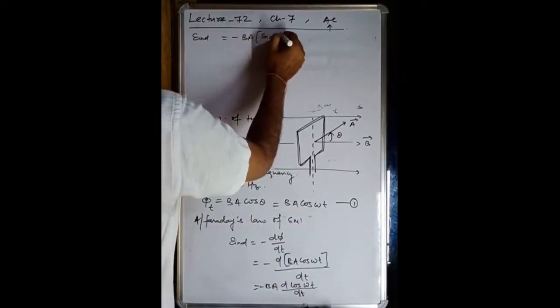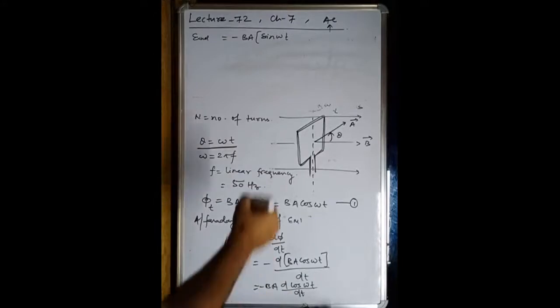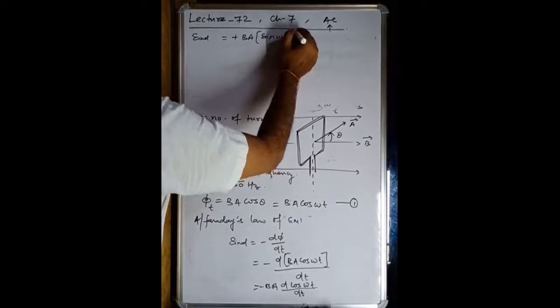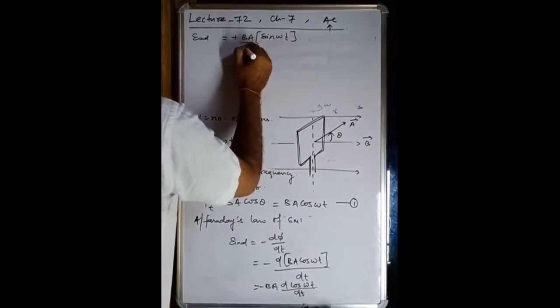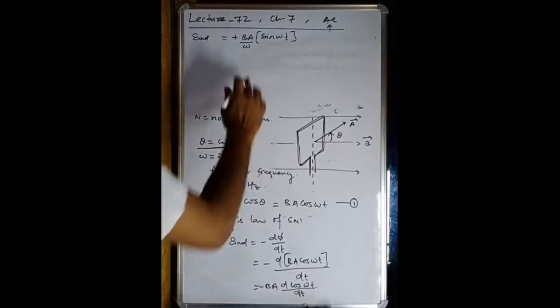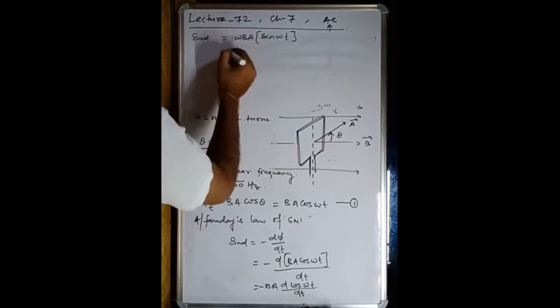Sine omega t, and the integration of cosine will be sine omega t over omega. Okay, sorry, the differentiation is the multiplication by this quantity omega.